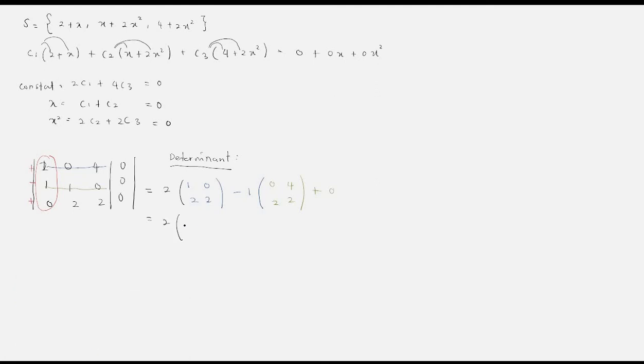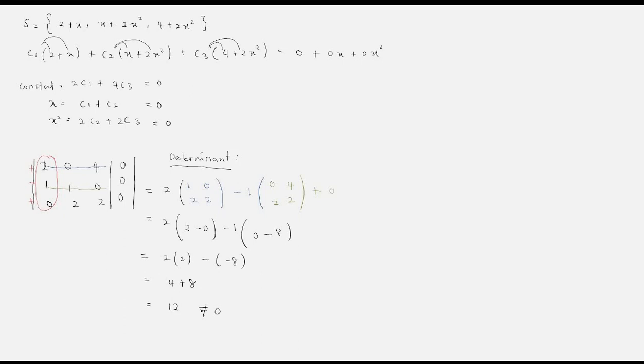1 multiplied by 2 is 2, 2 multiplied by 0 is 0, 0 multiplied by 2 is 0, 4 multiplied by 2 is 8. So 4 plus 8 equal to 12. So our determinant does not equal 0.